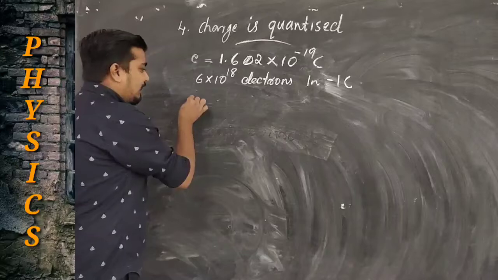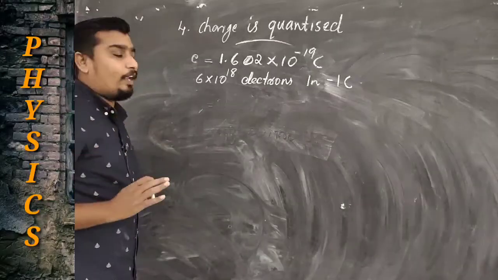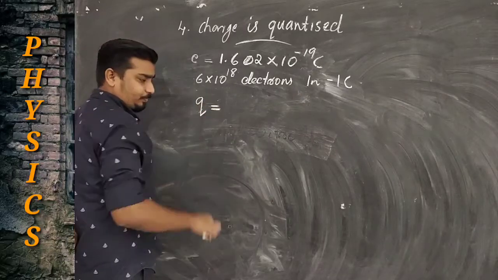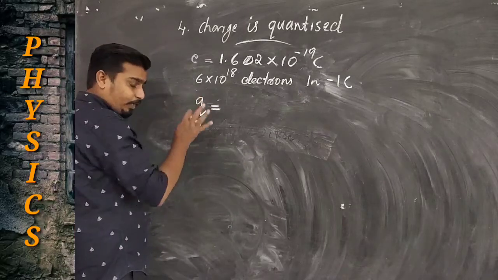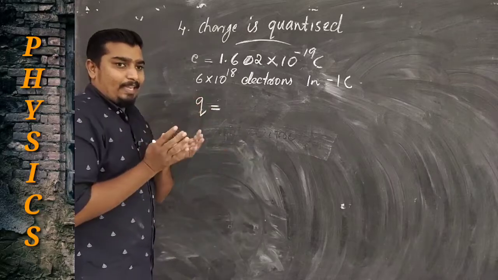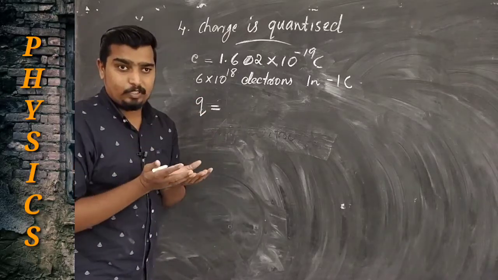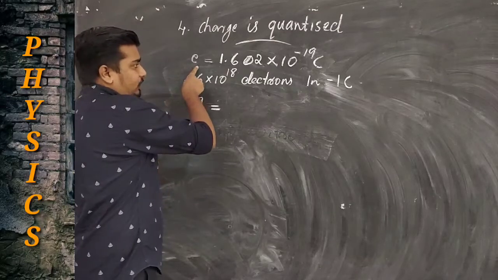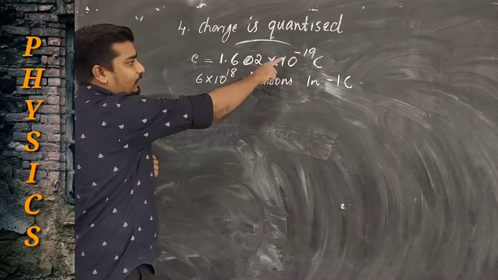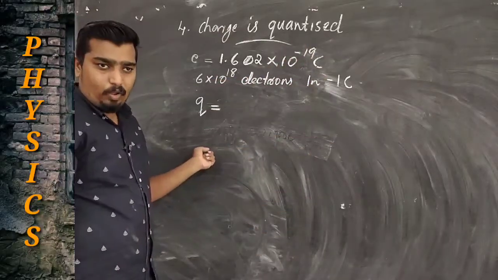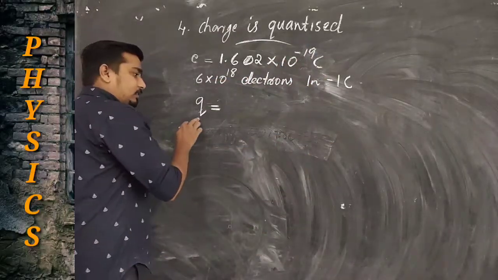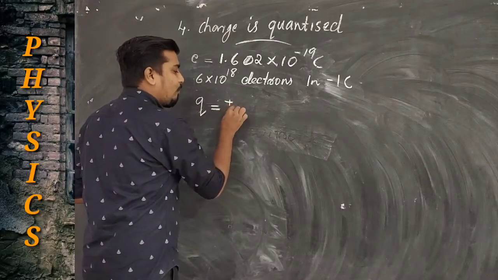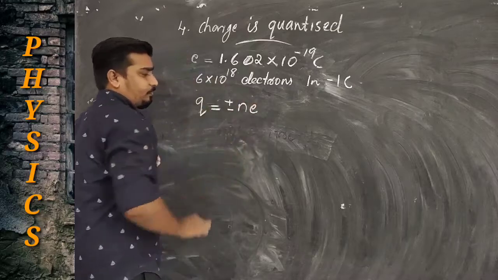The charge on a body: in a packet there are a number of electrons, and one electron's charge is 1.602 into 10 raised to minus 19 coulomb. Therefore the charge on a body Q equals plus or minus Ne.